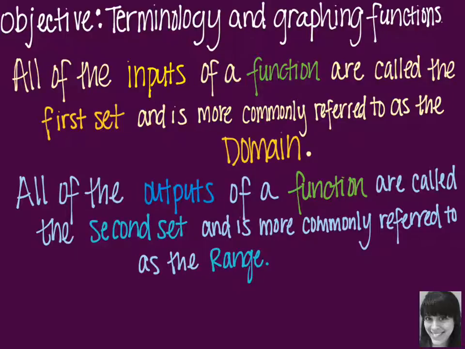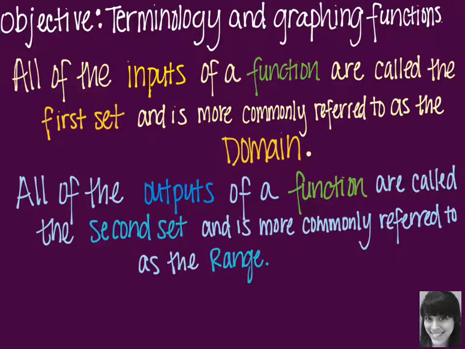All right? Now, all of the outputs of a function are called the second set, and we also call the second set the range. I know this is a lot of terminology, and I apologize for that, but you need to be familiar with the different words because they are used interchangeably in your text.